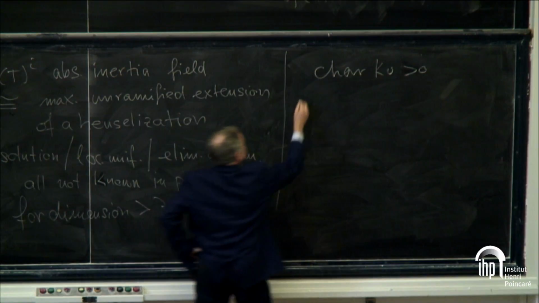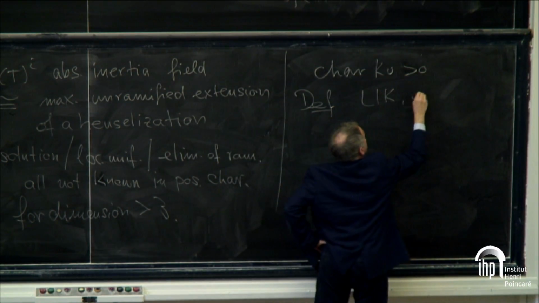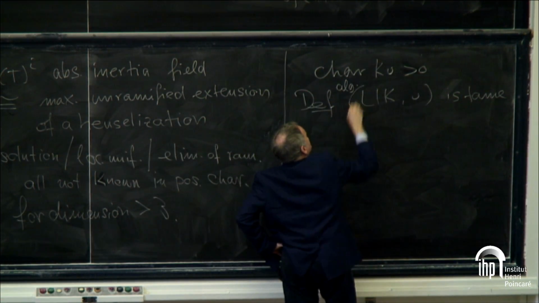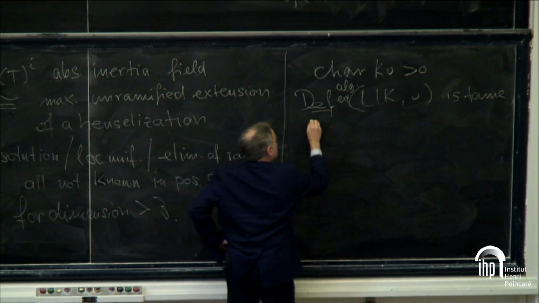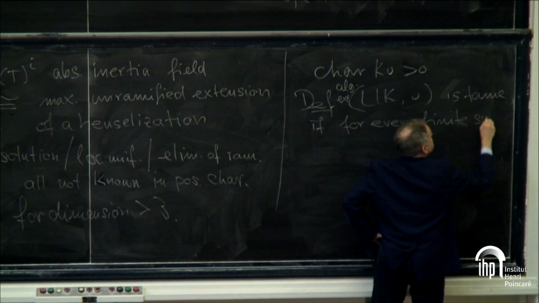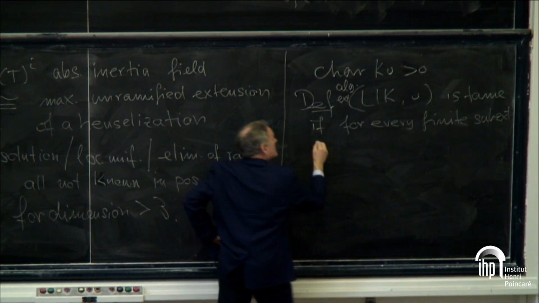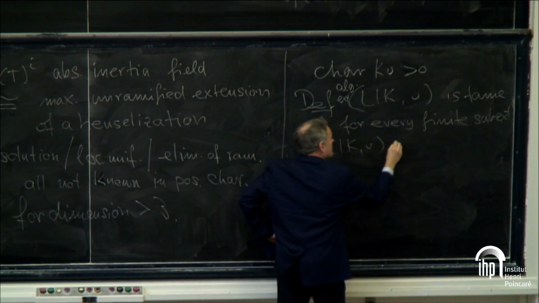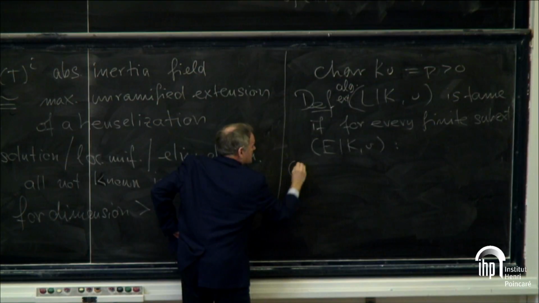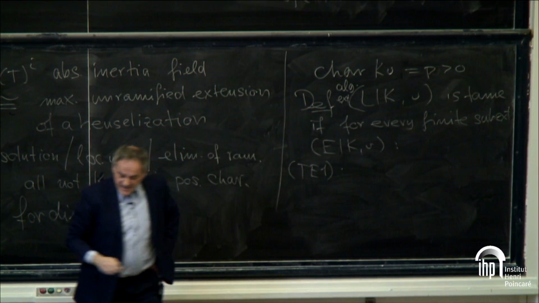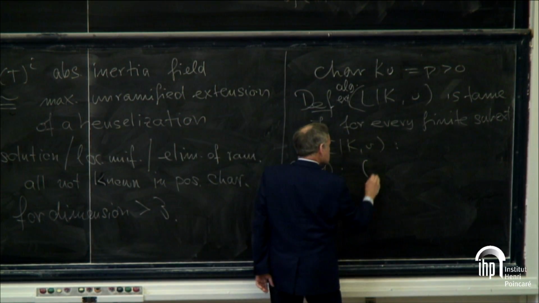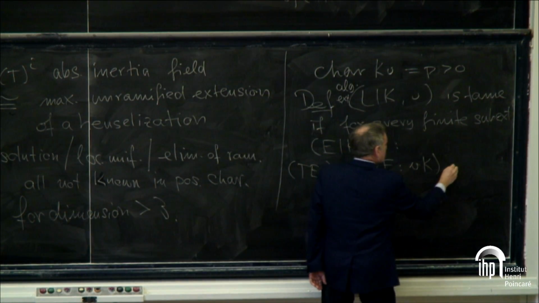Let me first define tame extensions. An algebraic extension, which can be infinite, is tame if for every finite subextension, let's say E over K, we have that, first, the ramification index (vE : vK) is not divisible by p.